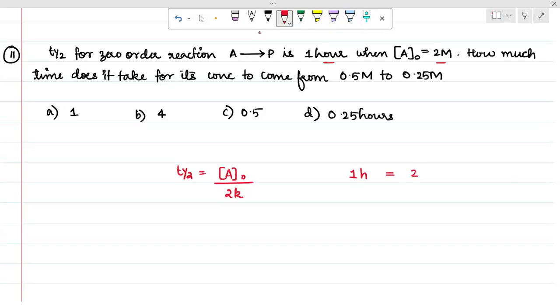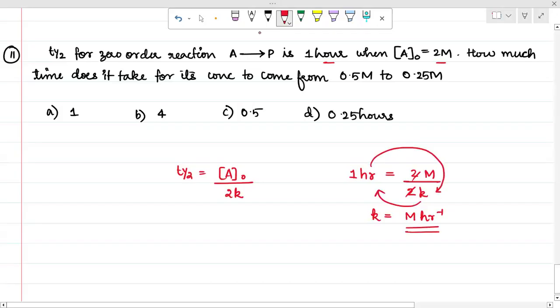A naught is 2 molar divided by 2K. So when I rearrange this, I get the rate constant for a zero order reaction, molar per hour. Correct? Always write with the units. I'll take K to the side and I'll bring the 1 hour to the reciprocal. So I get 1 molar per hour. Okay, I got this.